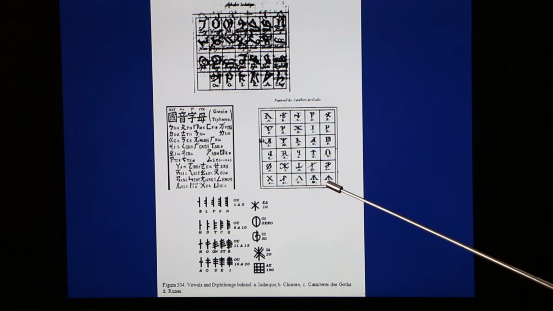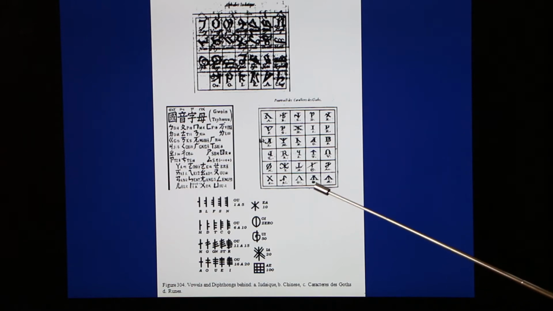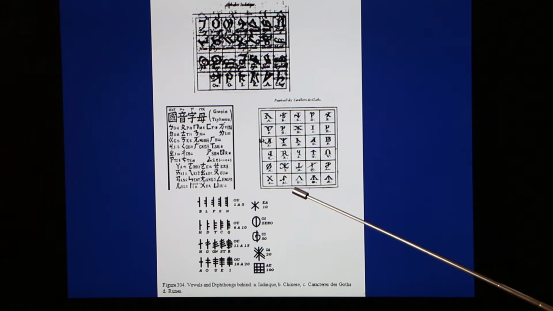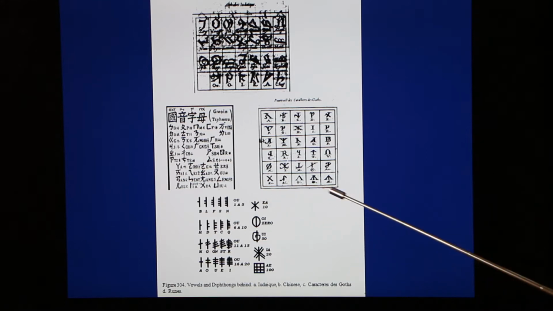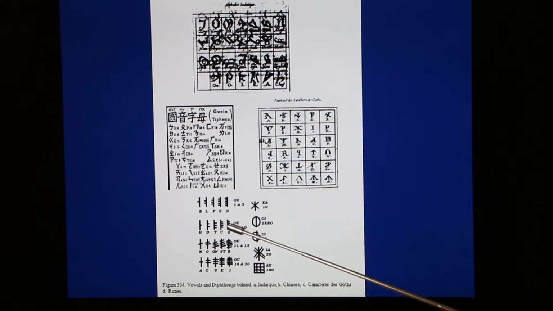And here we are in the characters of the Goths. And again we see it ends with A-E, O-E, O-I, now diphthongs.